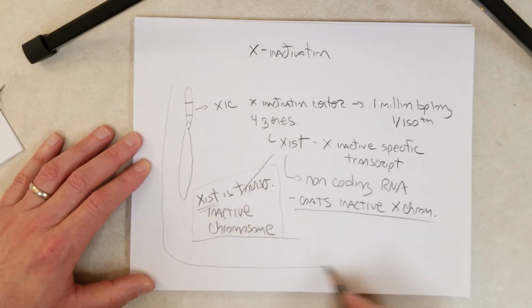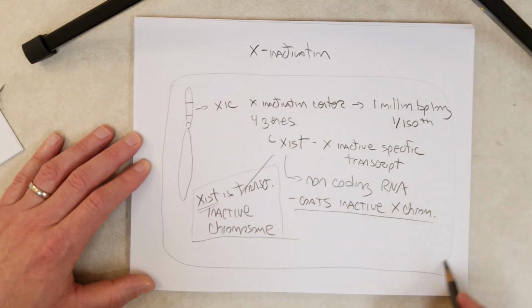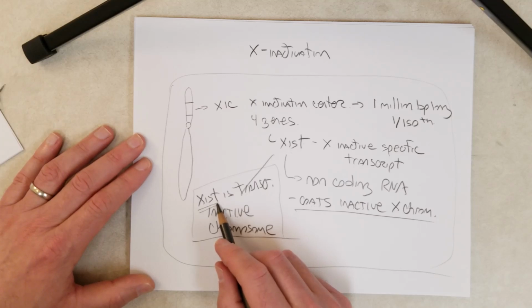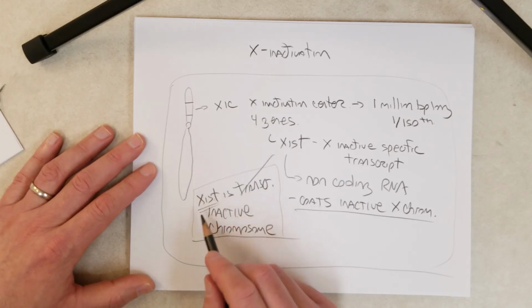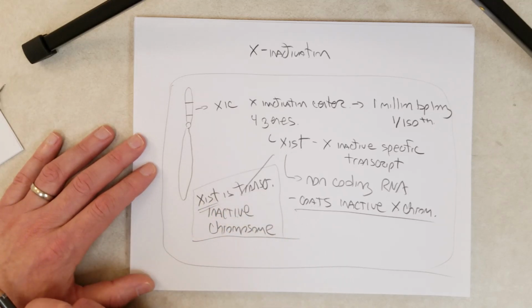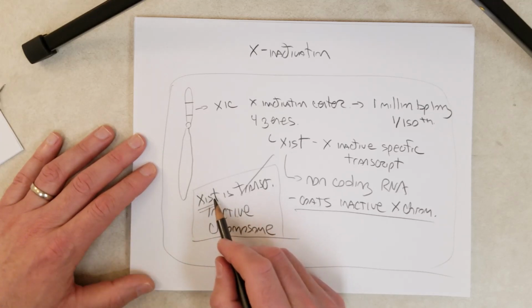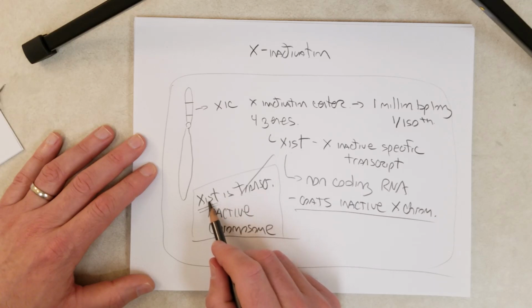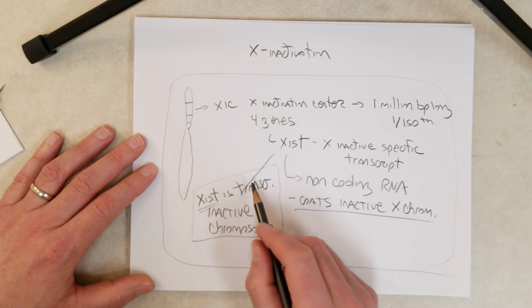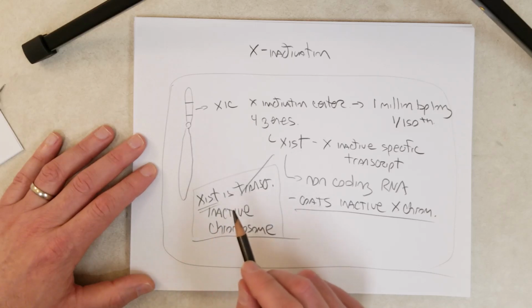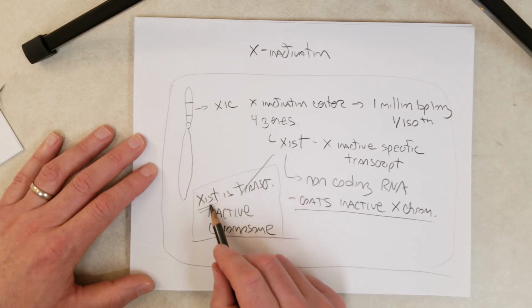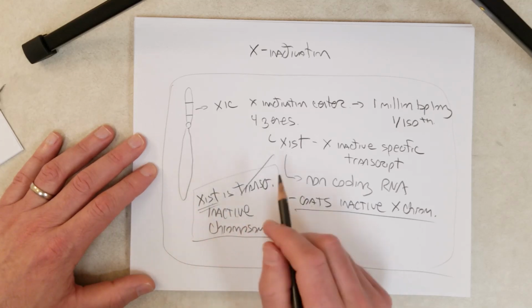Now, before the chromosome is inactive, the XIST RNA is transcribed from both active X chromosomes. And then once one X chromosome is inactivated and the other one remains active, the one that is not put in the Barr body stops transcribing XIST.